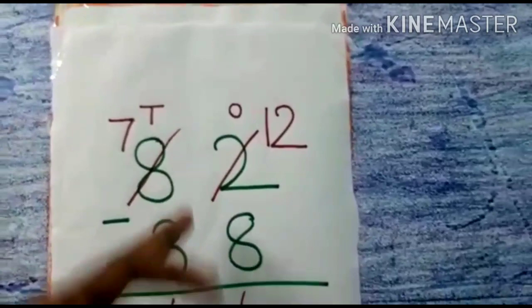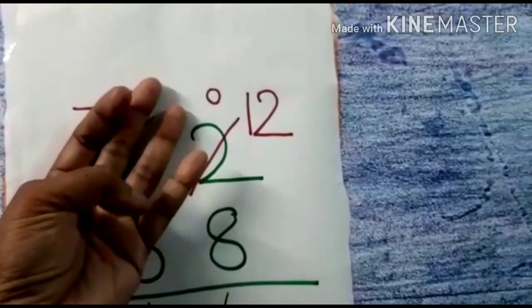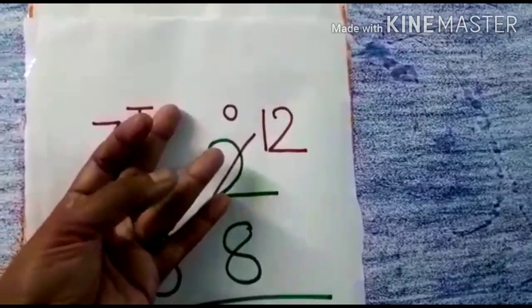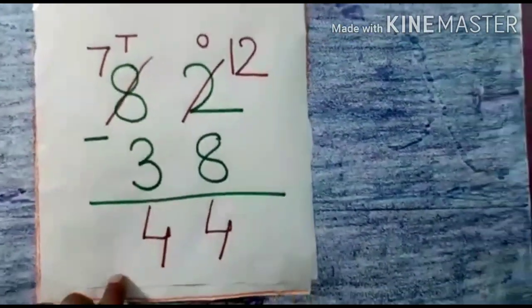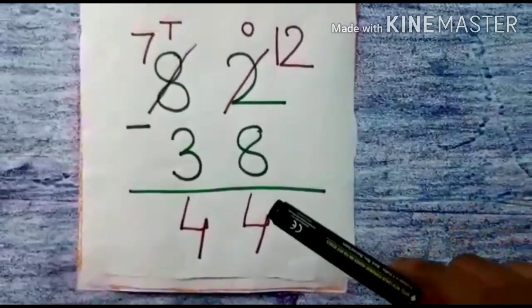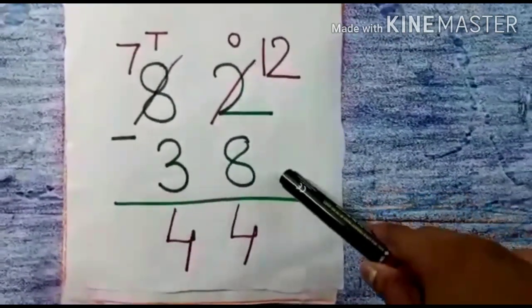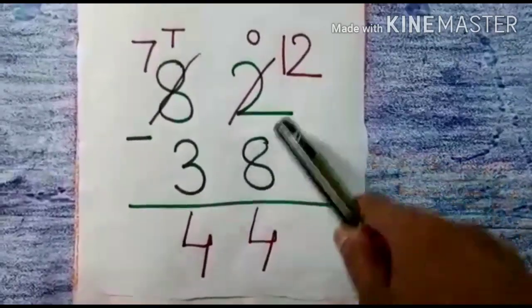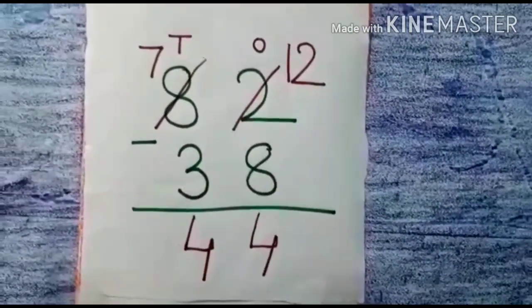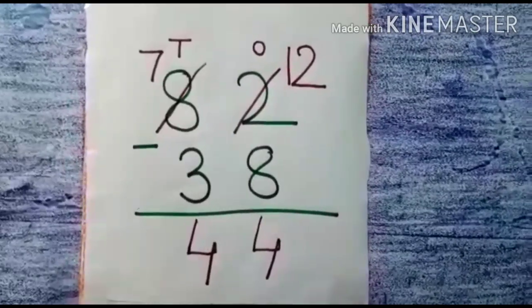And from 7, if I take away 3, how much remains? 1, 2, 3, 4. So 4 I have written. So if I subtract 38 from 82, my answer is 44. Okay?